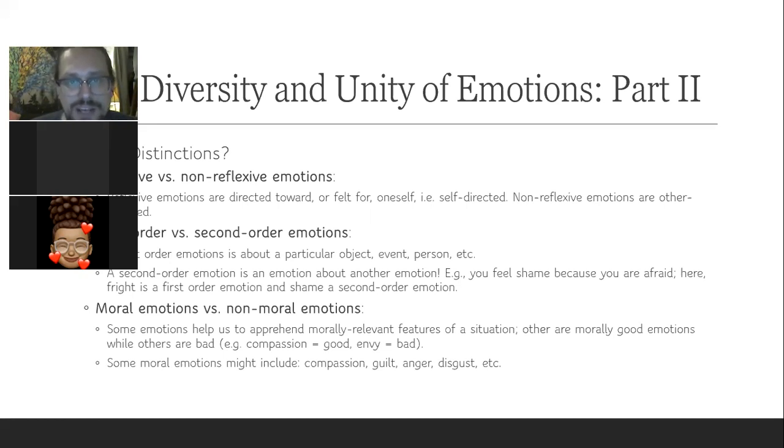Isabella says contempt might be a non-moral emotion, like if you feel contempt towards a group or individual. I think it depends. I would say unjustified contempt seems quite immoral, right?